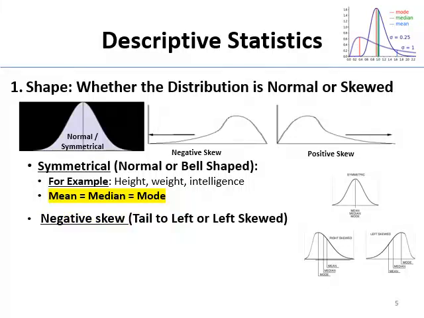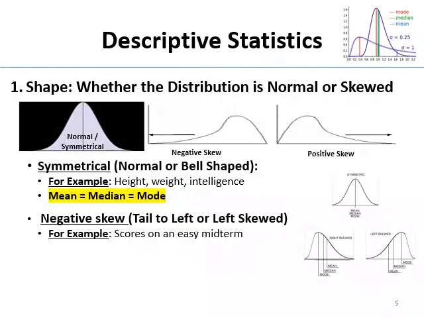Negative skew is the plot in the middle of the screen up top. Negative skew has a tail to the left, or sometimes it's called left skewed. So scores on an easy midterm would be like this. Most people get high scores, but there are still a few people who blow it just because they didn't sleep or had a bad night or didn't study, whatever it is.